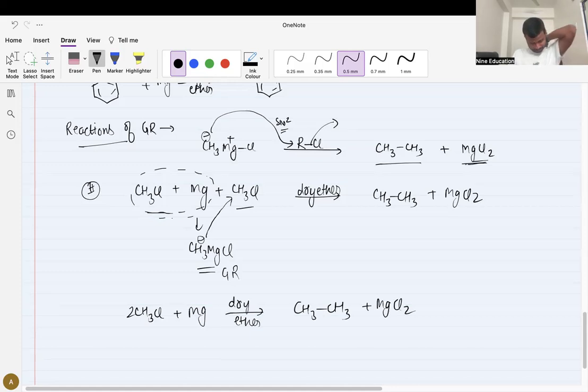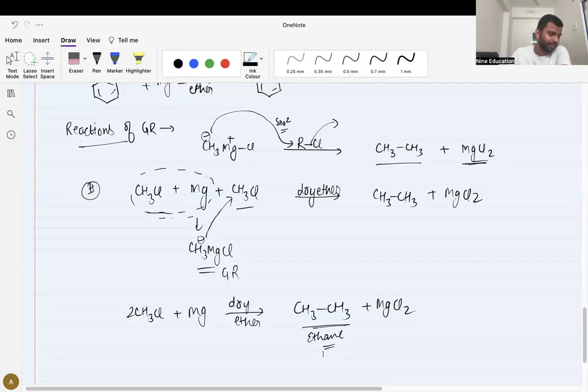देखें, समझ आ रहा है आपको? In Wood's reaction we use sodium, but in Grignard we have used magnesium. Mechanisms are totally different, but product is same. There also we got ethane in Wood's.